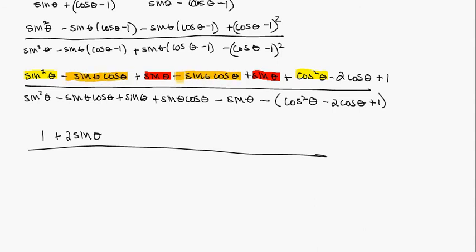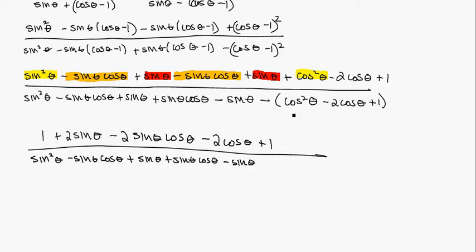This and this is negative 2 sine theta cosine theta. And I'm just left with these two guys down at the end, minus 2 cosine theta plus 1. My denominator, let's just distribute this negative, then we'll do some canceling. So I'm just going to rewrite it, so just bear with me here. So now I'm going to distribute this negative. I get negative cosine squared theta plus 2 cosine theta minus 1.